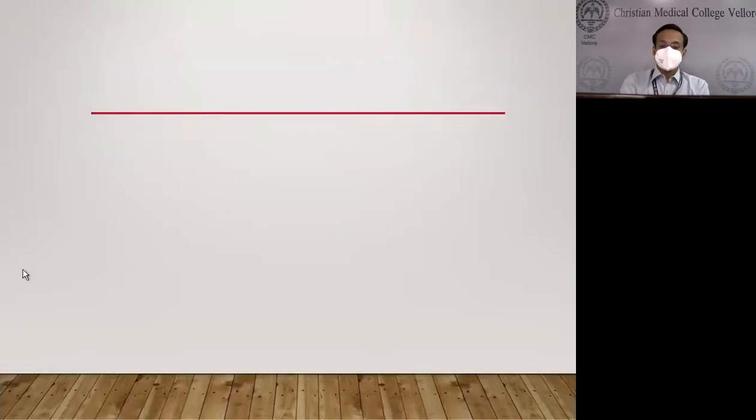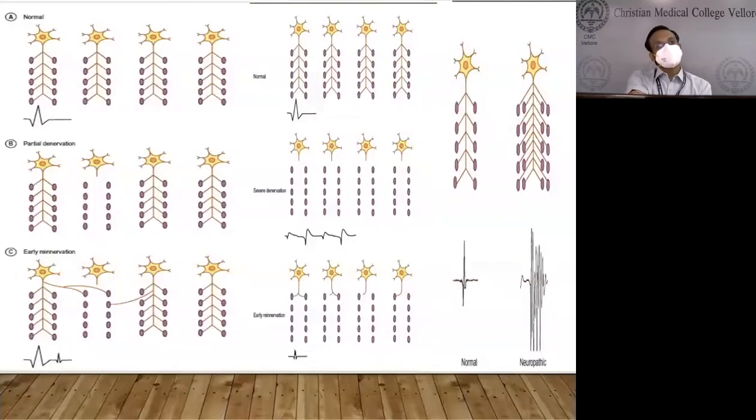Sorry. It's important to differentiate between partial denervation and early denervation. No, I'm just trying to show the morphology. Satellite potentials are normally, yes, sir, recorded with a smaller needle length from two muscle fibers of the same motor unit. But I forgot, the number is more than 10%. We're not doing quantitative analysis here.